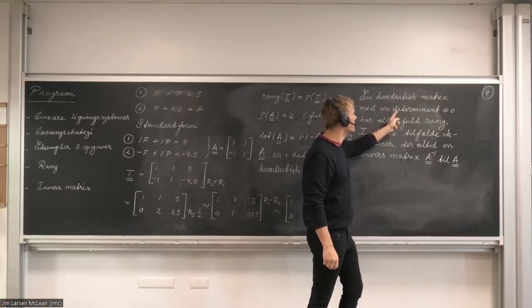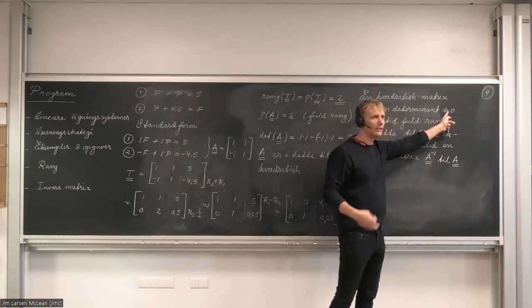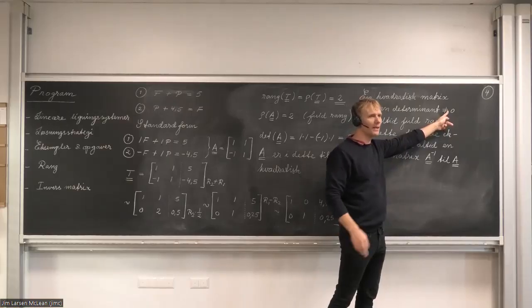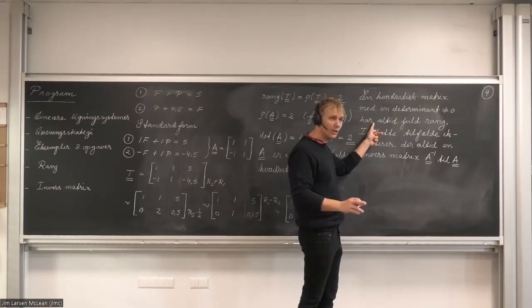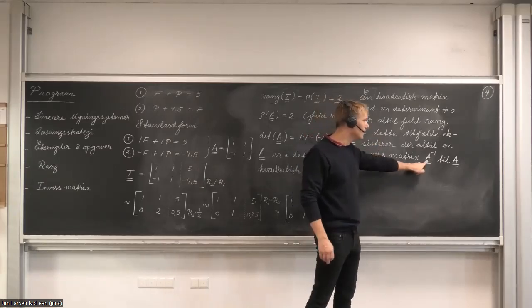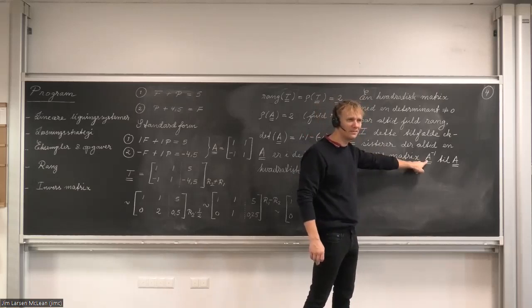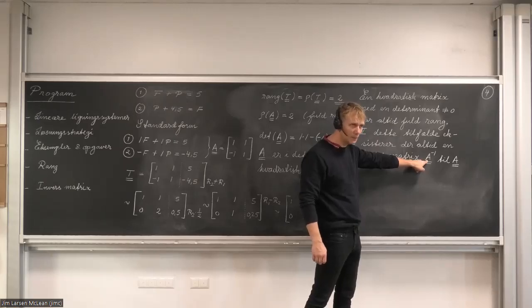And if its determinant is not 0, what does it give? 7, for example, or 2, like it does here, or -8, as long as it is not 0. Then it always has full rank, and such a matrix, if it is square and has full rank, always has an inverse, whatever that means. And that's what we're going to look at now. What does the term inverse matrix mean?